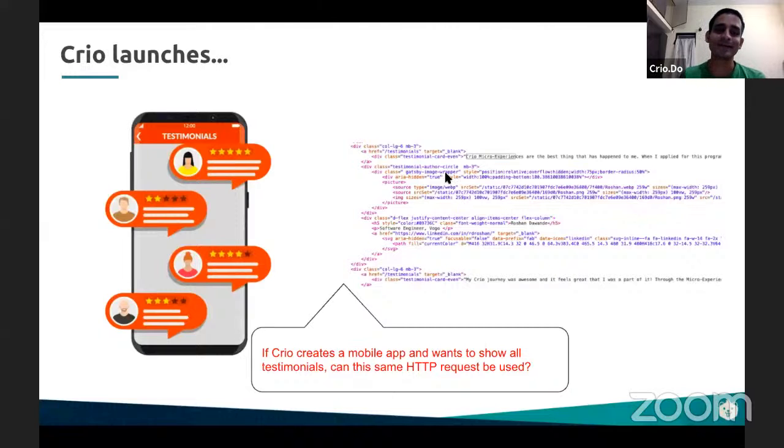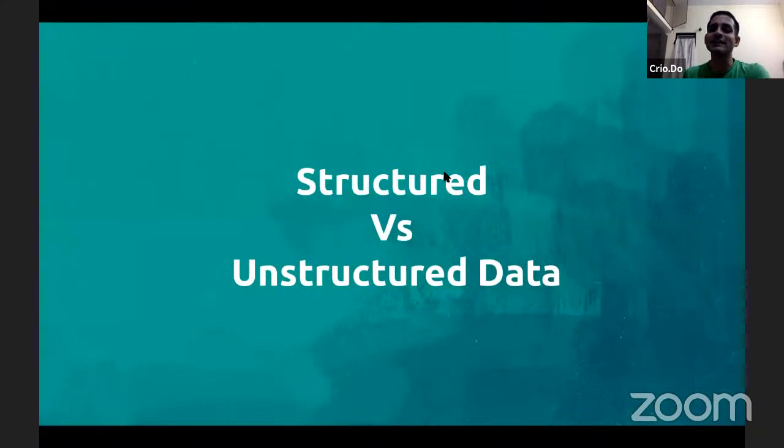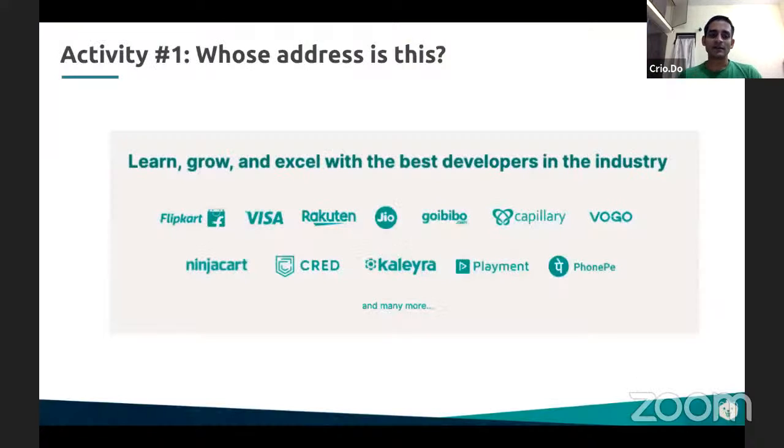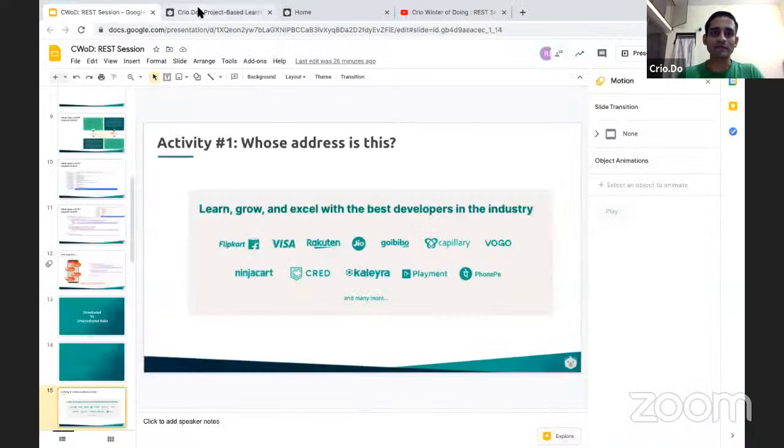I'll tell you why. Now, there's a very important thing over here. If you understand this concept, REST API understanding is done. All right, let's see. There is something called unstructured versus structured data. I'll quickly move back and forth a bit.